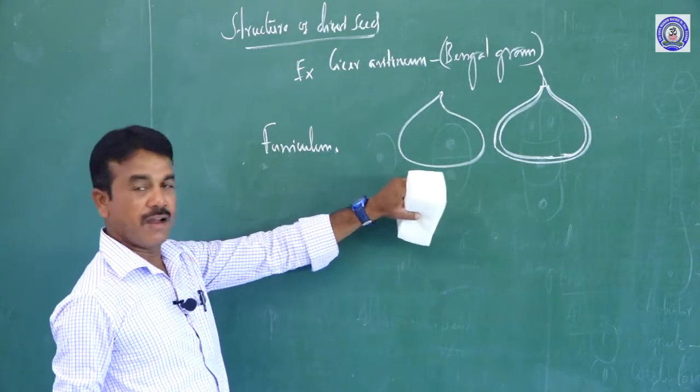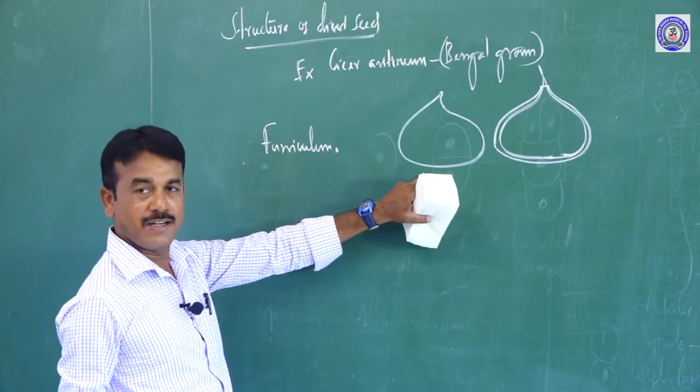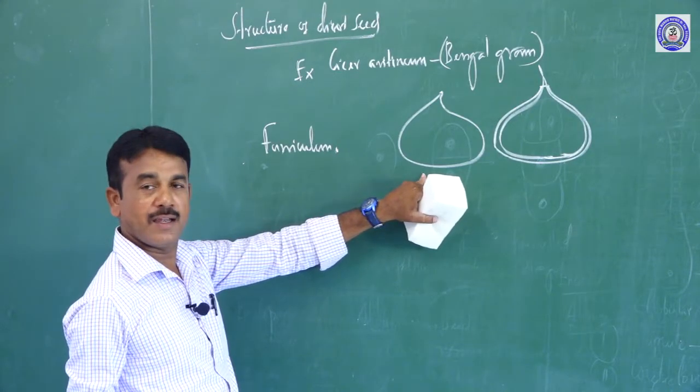This is Bengal gram, Cicer arietinum. In Tamil we say Kondakadalai.